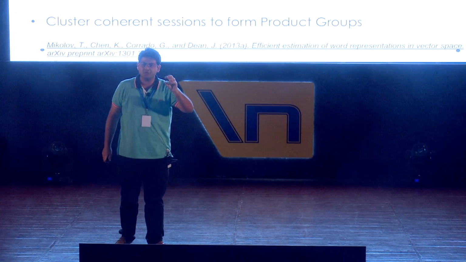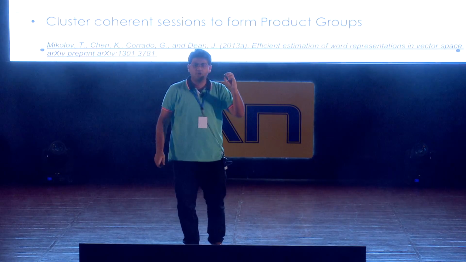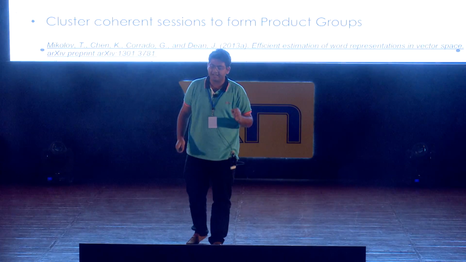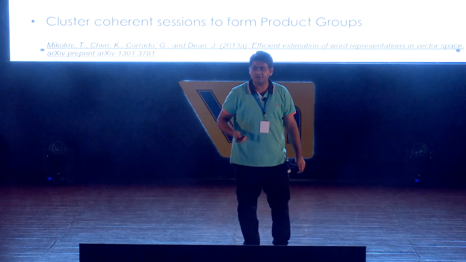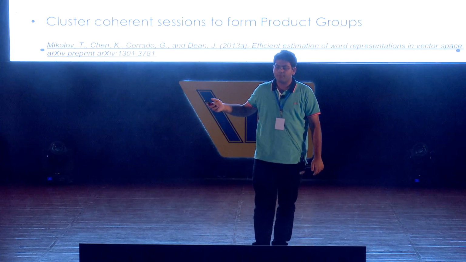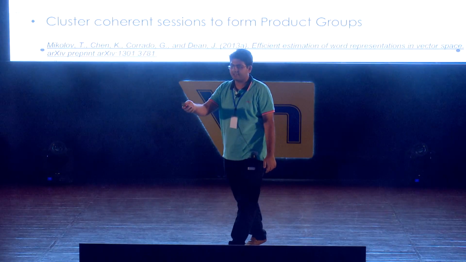So just assume those styles were coherent in nature. That session was quite coherent, so the minimum similarity would be quite high. So here we can say that the session is quite coherent. Otherwise, it's non-coherent. So we just take some sort of a threshold of, say, 0.8 or 0.9 similarity, and we just perform clustering on those sessions.